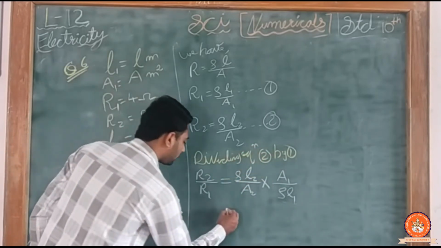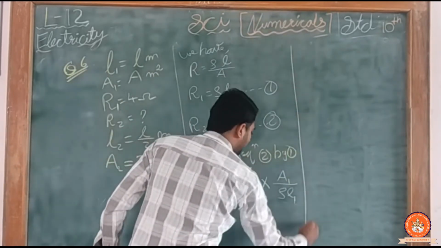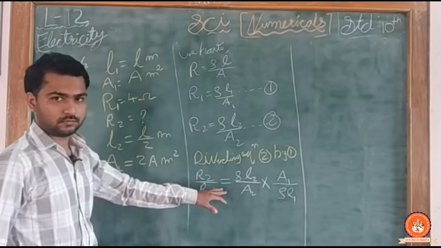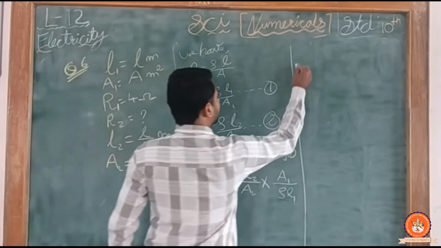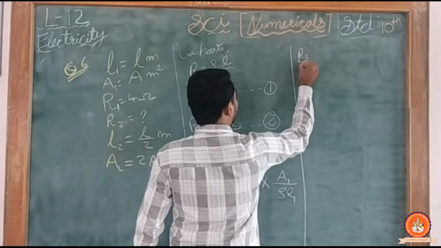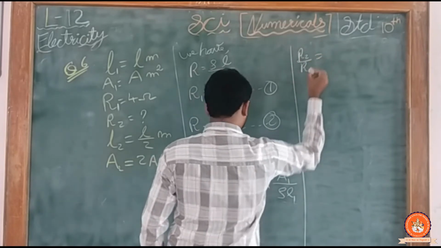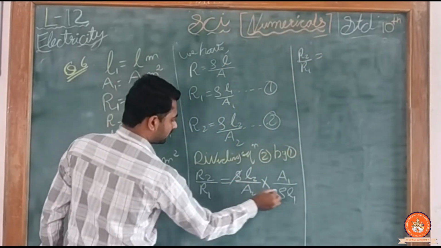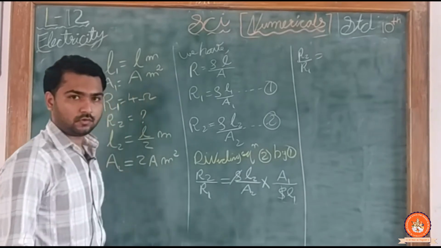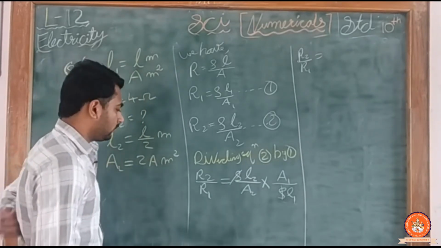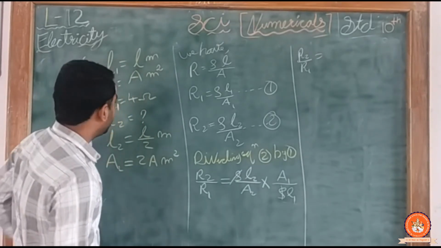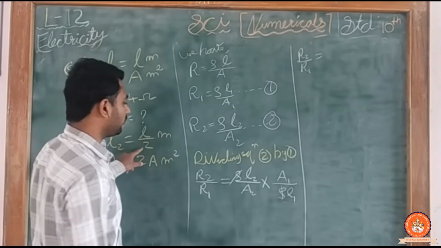ठीक है. Now what we are doing, now placing the values that we have. So R2 by R1 is equal to, see here rho is cut, rho resistivity is same. Now value of L2 is L by 2.